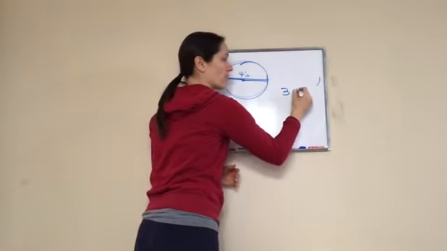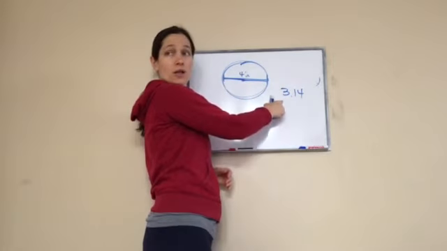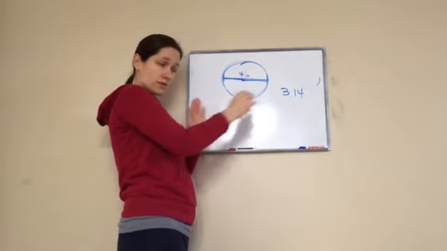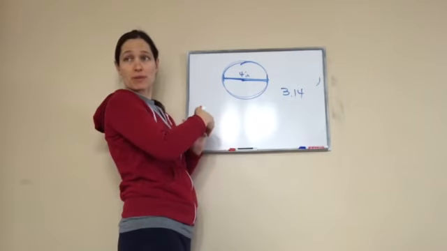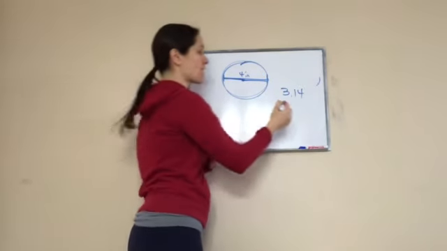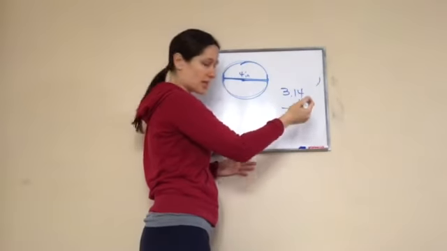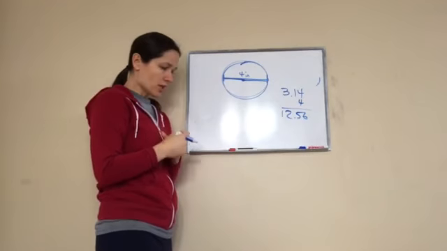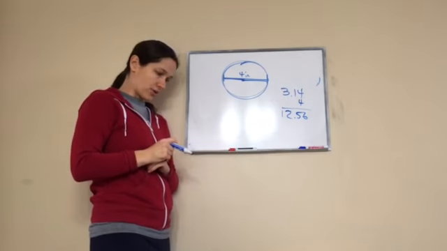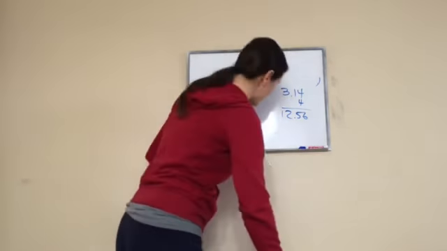So 3.14. Remember, that's the best that we can reach to a number for pi because we don't know the exact number for pi because the number keeps going. Remember that? Times 4. And we did this one just a minute ago, and it ends up being 12.56, just so you know. So that is our answer. You got it? Okay. That is lesson 47.